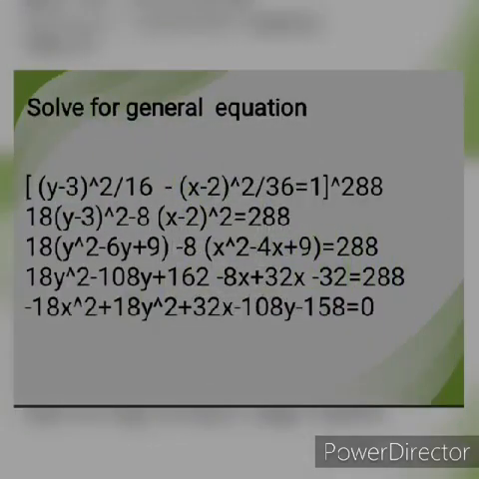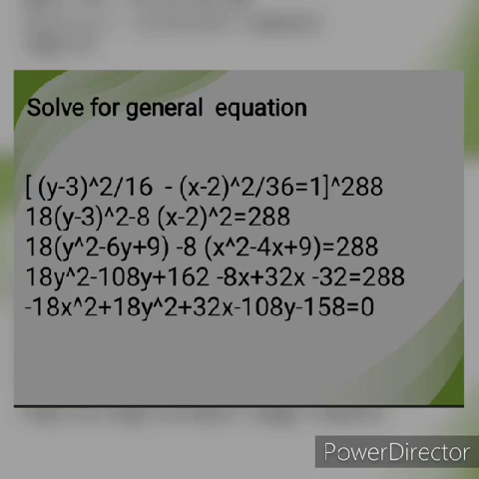Next, we're going to solve for the general equation. So the quantity (y - 3) squared over 16 minus (x - 2) squared over 36 is equal to 1, times 288. The next step is to divide: 288 divided by 16 is equal to 18, and 288 divided by 36 is 8.